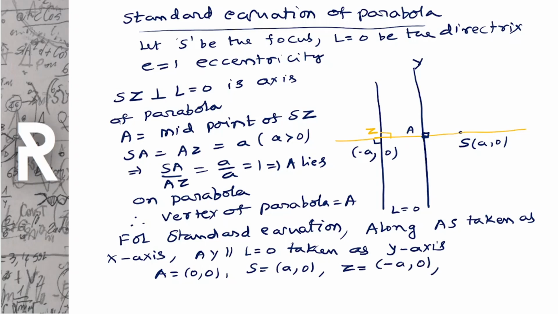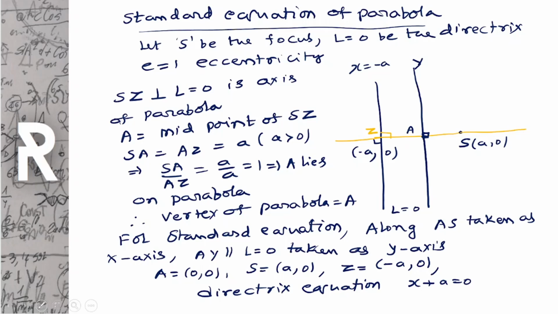Equation of the directrix: the vertical line passing through (minus a, 0) is x equal to minus a. Directrix equation: x plus a equal to 0.